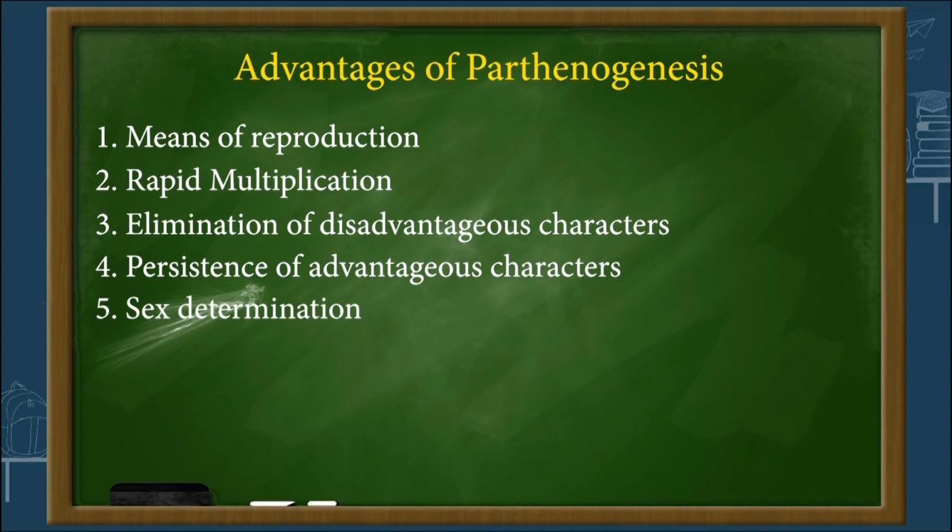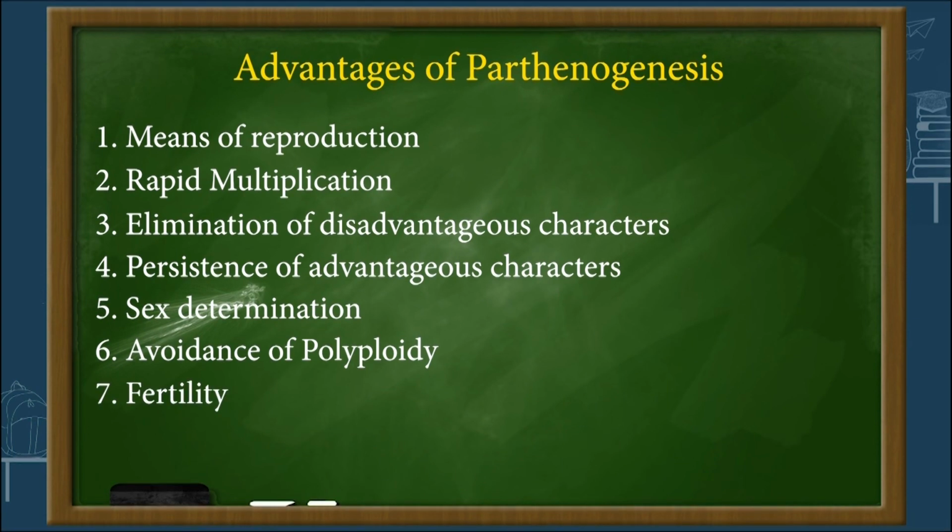Number 5, sex determination. The sex of the individual offspring is determined by the number of chromosomes. Therefore, parthenogenesis is a means of sex determination. Number 6, avoidance of polyploidy. Parthenogenesis prevents polyploidy due to the absence of meiosis. Number 7, fertility.